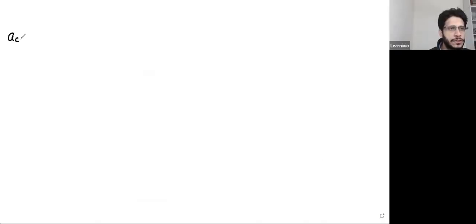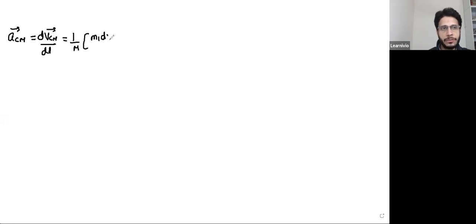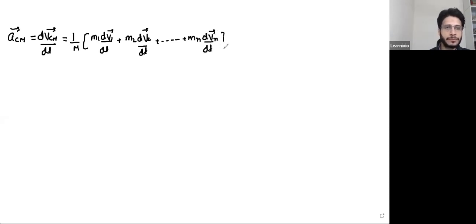So the acceleration of center of mass is simply the rate of change of velocity of center of mass, which is basically 1 by M times m1 dv1 over dt, plus m2 dv2 over dt, and you can keep on going up to n terms, so that's mn dvn over dt.